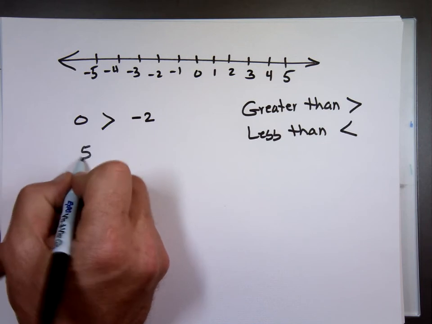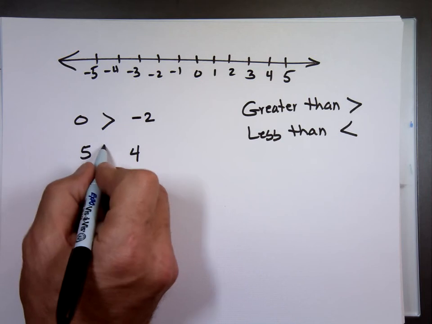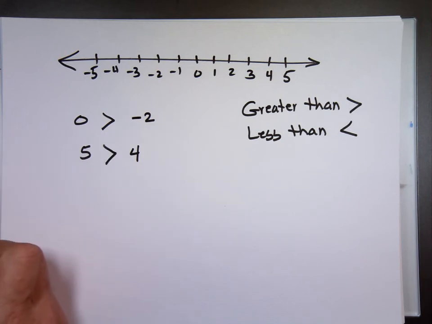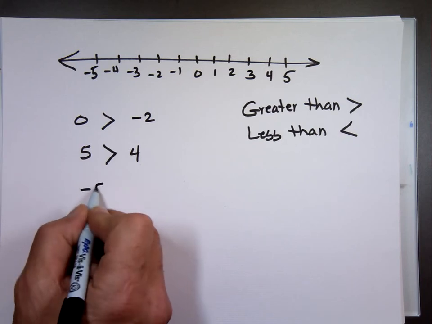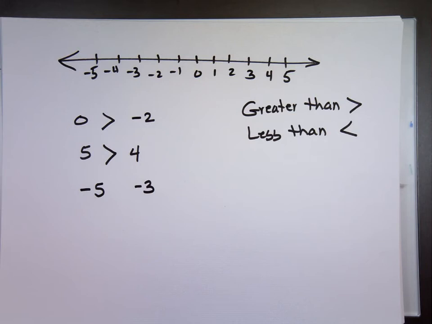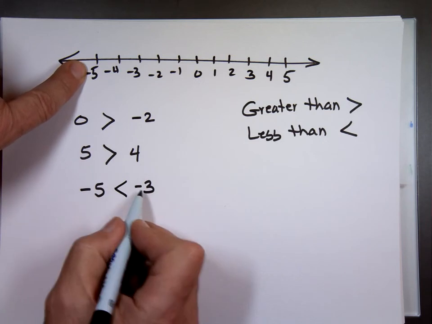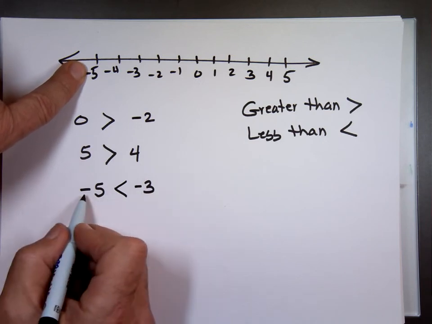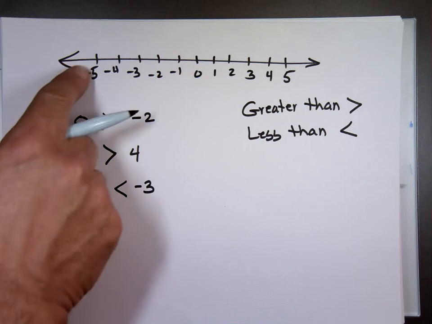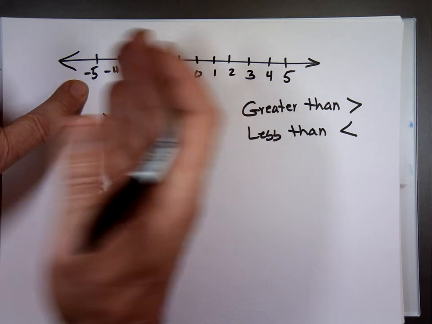5 and 4. 5 is greater than 4. Negative 5 and negative 3. Negative 3 is greater. So negative 5 is less than negative 3, or negative 3 is bigger than negative 5. Remember, the number on the left is always smaller than the number on the right, or the one on the right is always bigger than the one on the left.